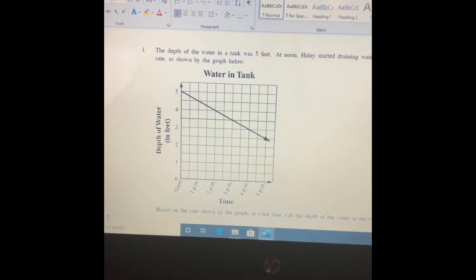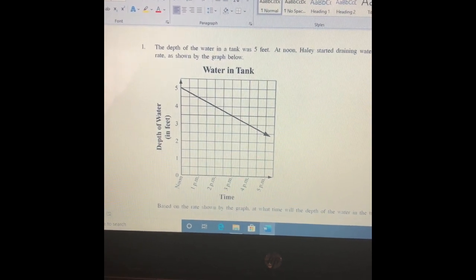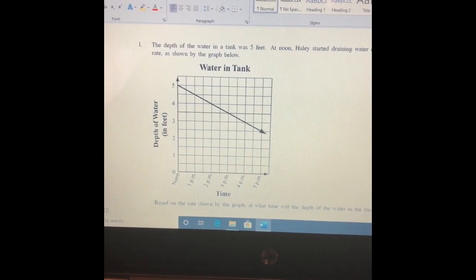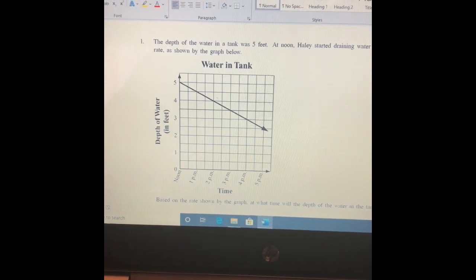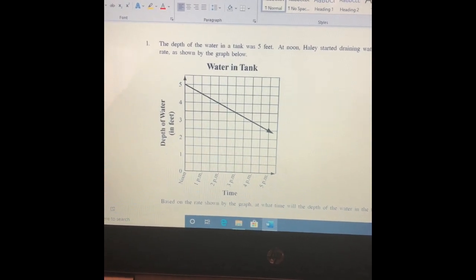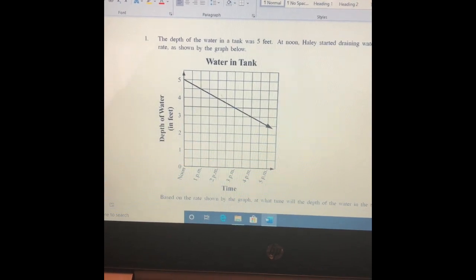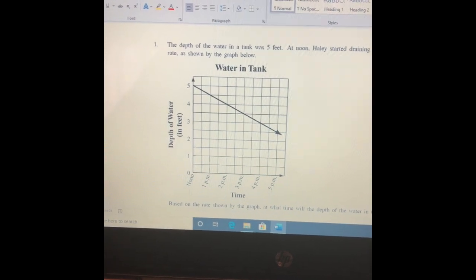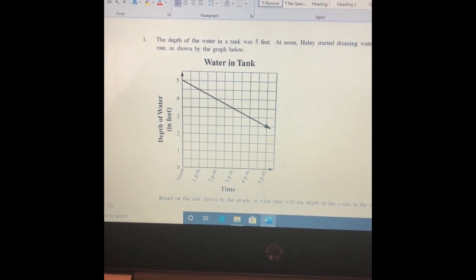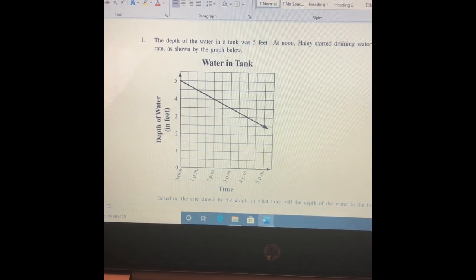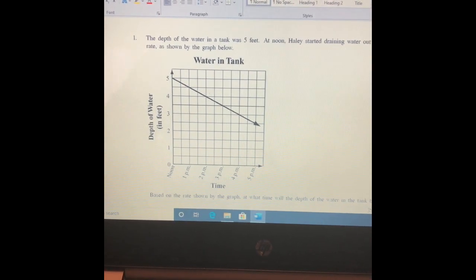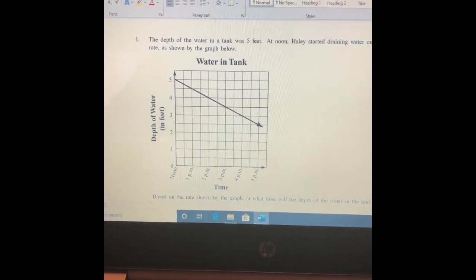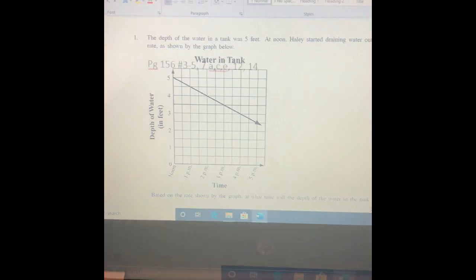Well, it's dropping half a foot every hour, so it should be at 2 feet at 6 p.m. So it dropped half a foot every hour. 5 p.m. it's 2.5. 6 p.m. it should be 2 feet based on the slope that is taking place here, the rise over run, negative a half foot every hour. And anytime you have a line, any 2 points on the line will follow that same slope. Doesn't matter what, if it's linear, you should always follow that.